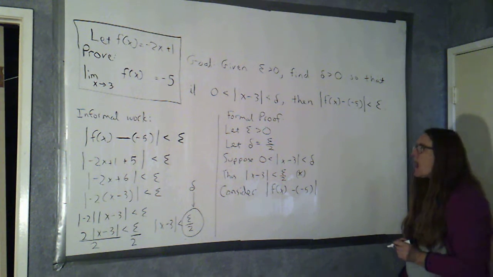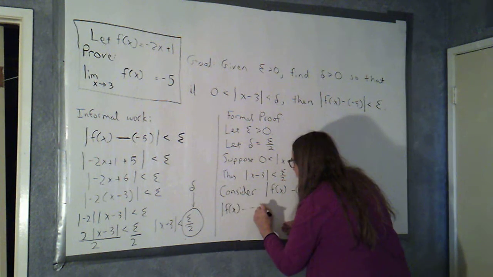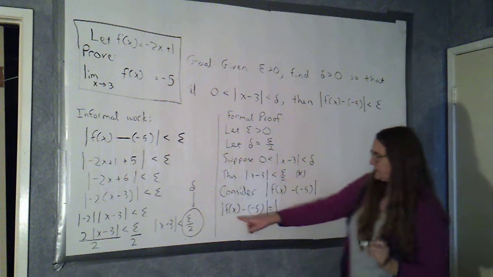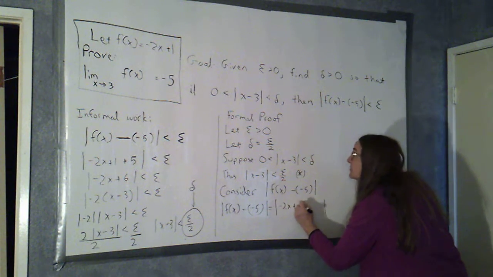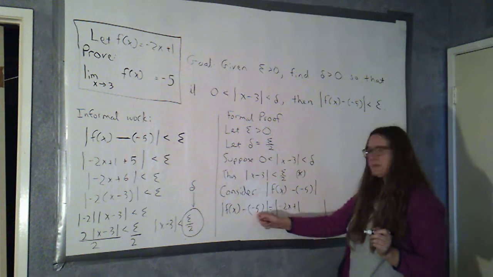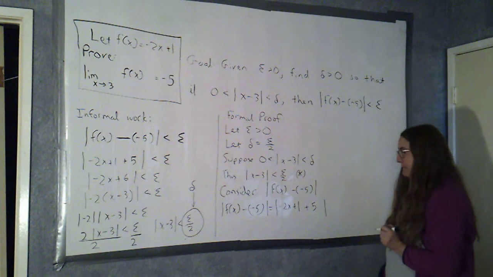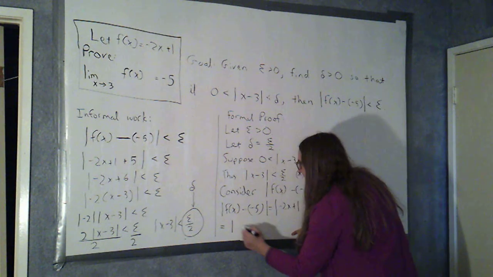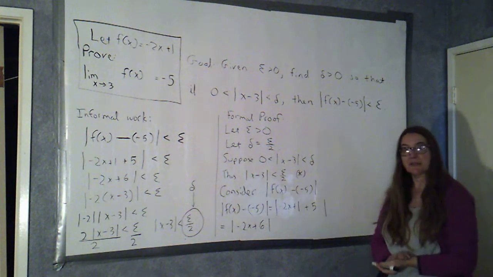Okay. All right, so the absolute value of f of x minus negative 5 is, I'm just going to substitute in the formula for f of x, that's negative 2x plus 1, and then minus a negative 5 is a plus 5. And that's equal to the absolute value of negative 2x plus 6, just doing that arithmetic.